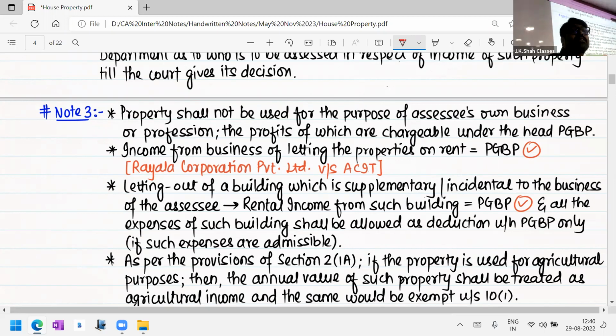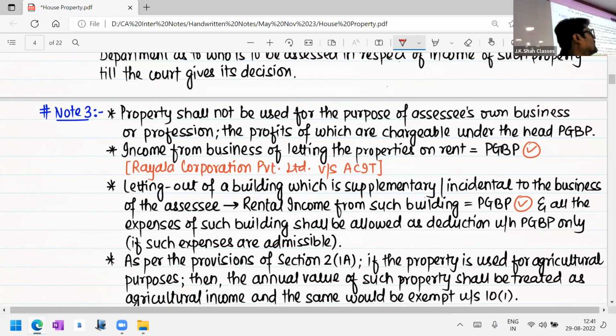And in this business, my properties are being let out and I'm earning rent. So even though the rental capacity of the property is exploited and rent is earned, exploiting this rental capacity only is my business. So whatever rent I'll get, even though on exploitation of renting capacity only I am earning this rent, this rent cannot be my house property income, it has to be my PGBP income. That is the judgment of the Supreme Court.